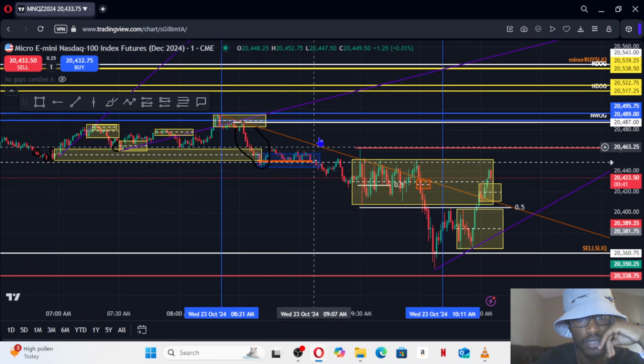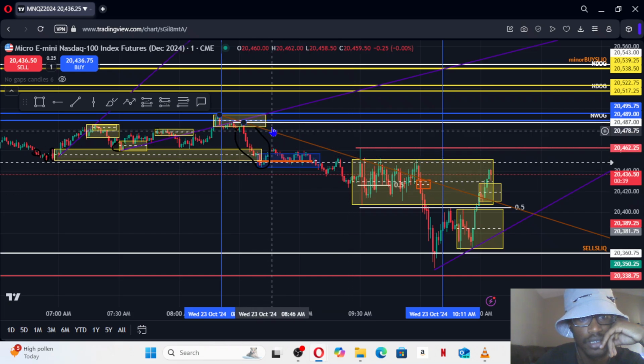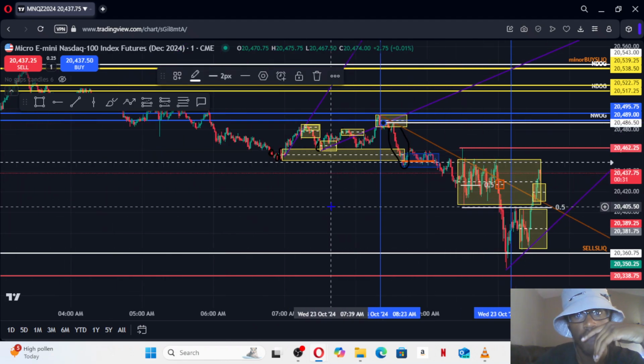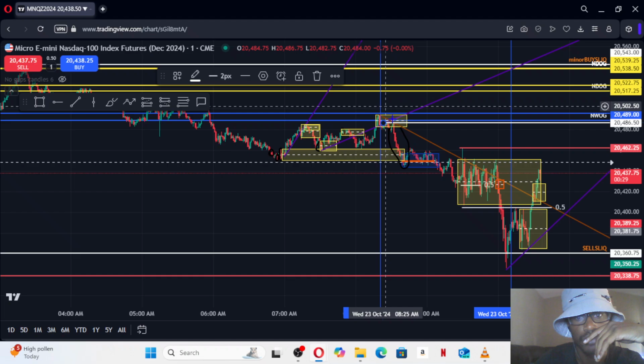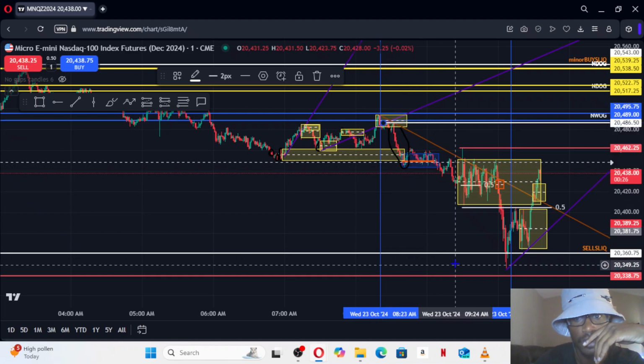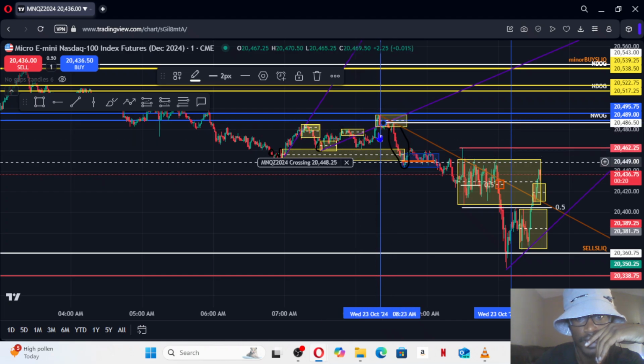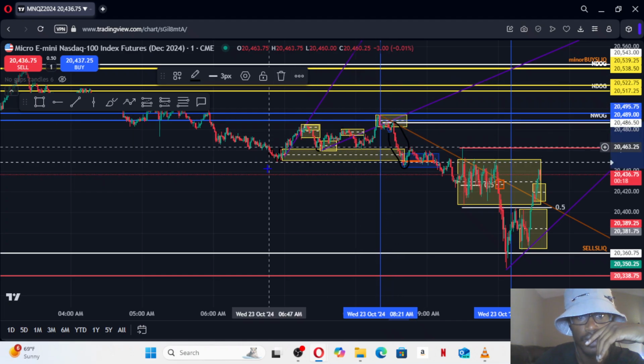I'm trying to make it clear. These equal highs right here. Ooh, fake out to go lower. So this is the origin up here, somewhere within this area. Okay.